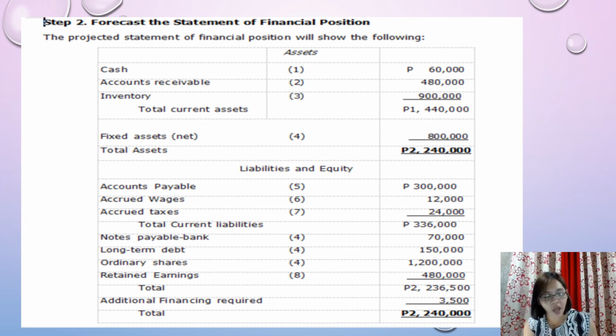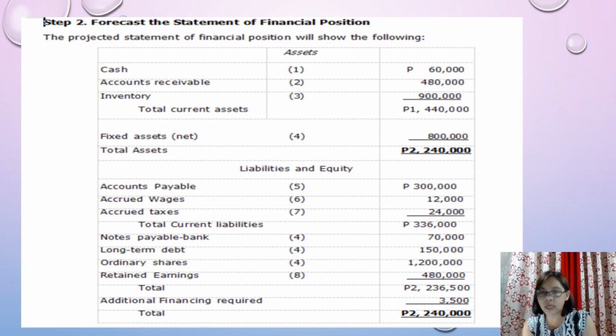And pagdating po sa accrued taxes, yan po ay 1% ng 2,400,000. So, yung 1% po ng 2.4 million is 24,000. Okay, and then ito total lang po natin yung liabilities na yan.